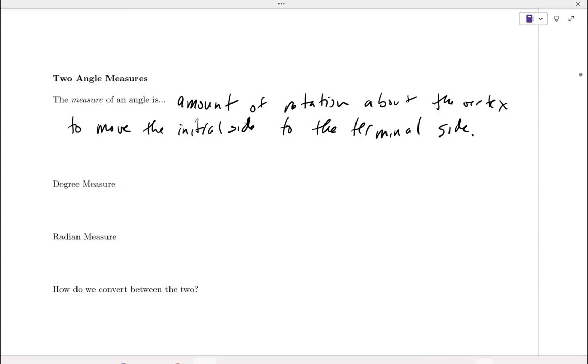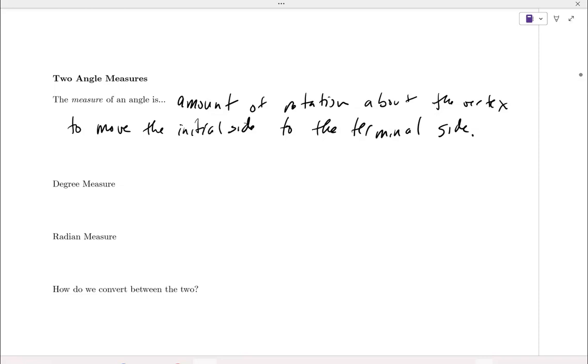There are two standard measures that we use. Actually, in mathematics, the more standard one, if you will, is the one that you've most likely never used in your life. You're probably all familiar with degrees. We're going to use radians most of the time. The reason for that is, again, we're trying to get ready to do analysis.